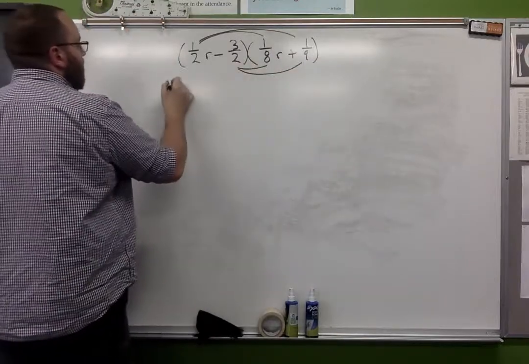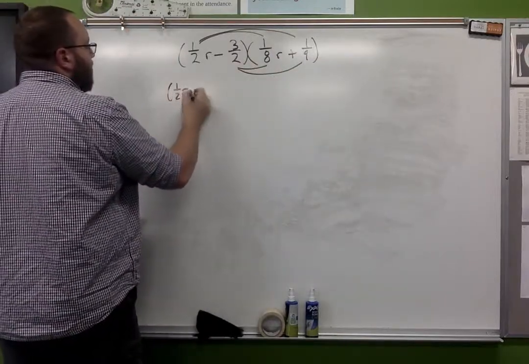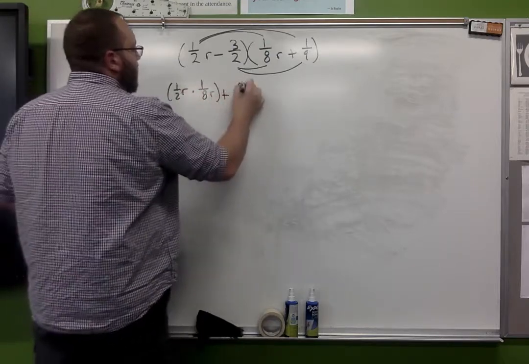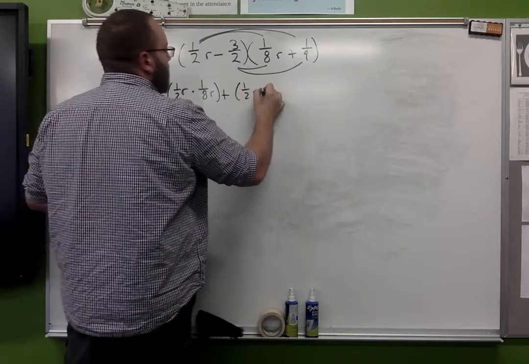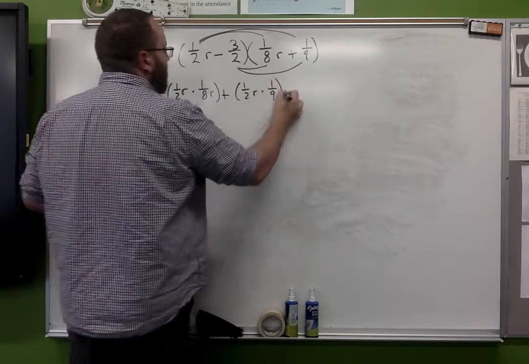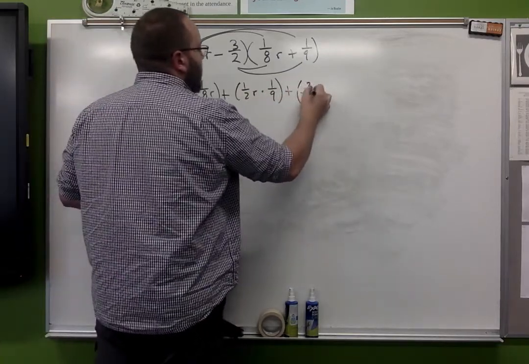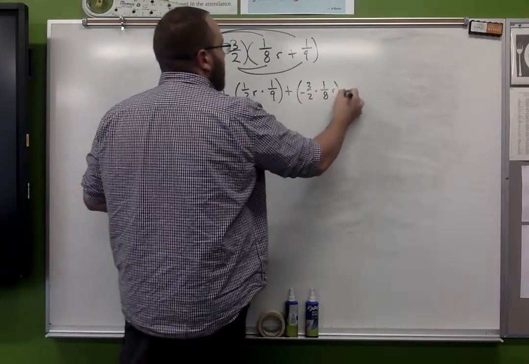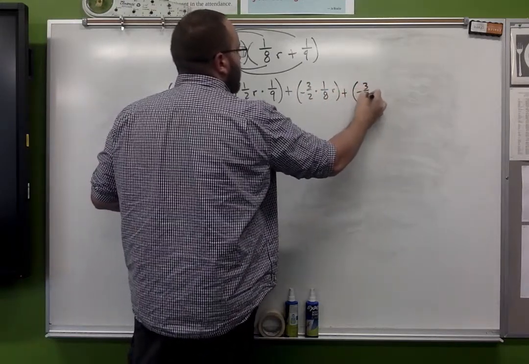So we have 1/2 r times 1/8 r. And we have 1/2 r times 1/9. And we have negative 3 halves times 1/8 r. And we have negative 3 halves times 1/9.